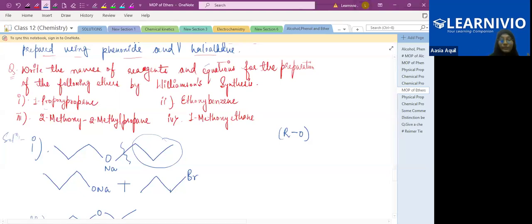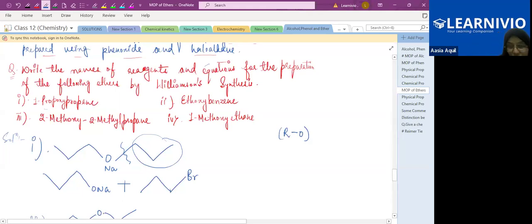And to this oxygen you have to attach the sodium in the Williamson synthesis, because Williamson synthesis is basically a treatment of alkyl halide with the alkoxide, sodium alkoxide. One reagent you have to prepare is a sodium alkoxide, and the second reagent should be the alkyl halide.